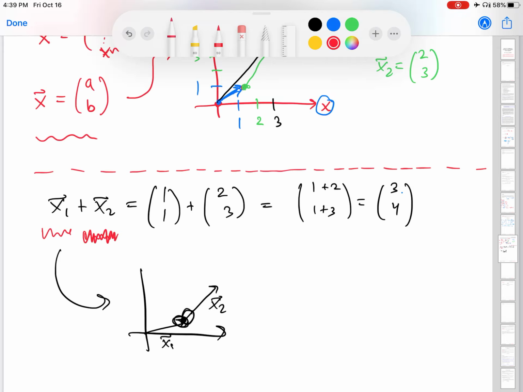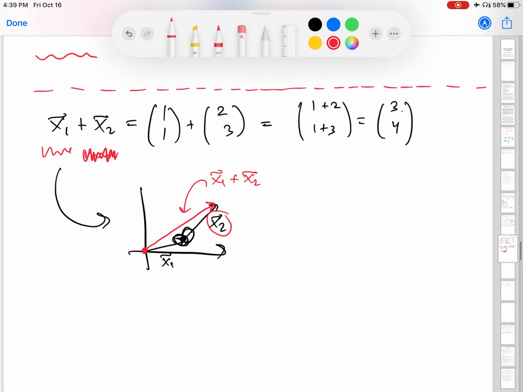And then I would draw the vector that goes from the origin to the head of x2. And that vector is x1 plus x2. So that's how we would add vectors, as an example.